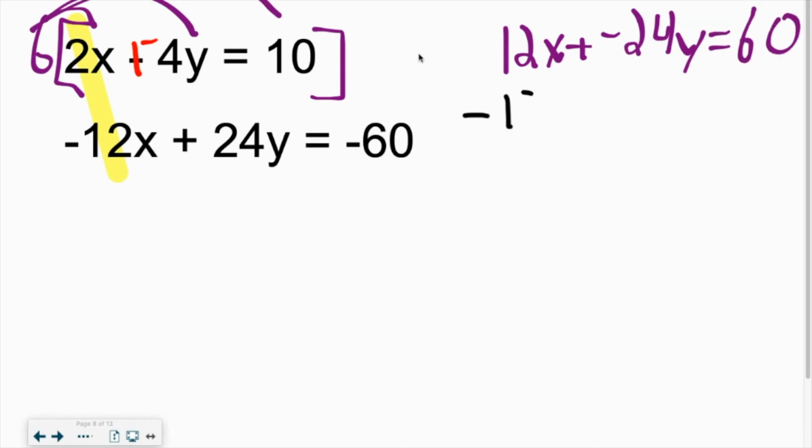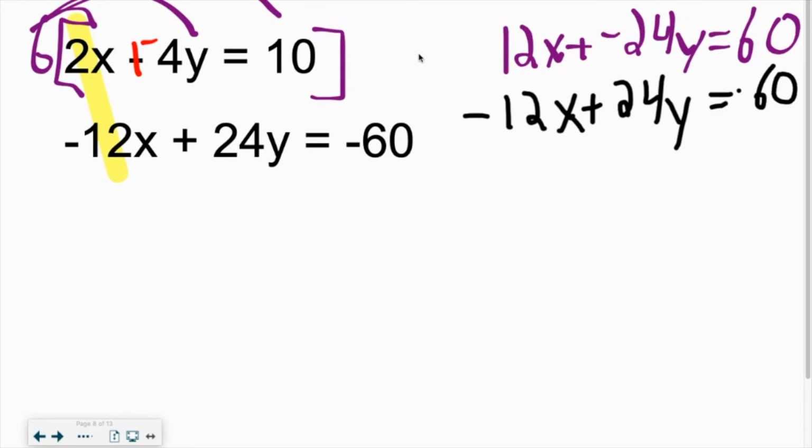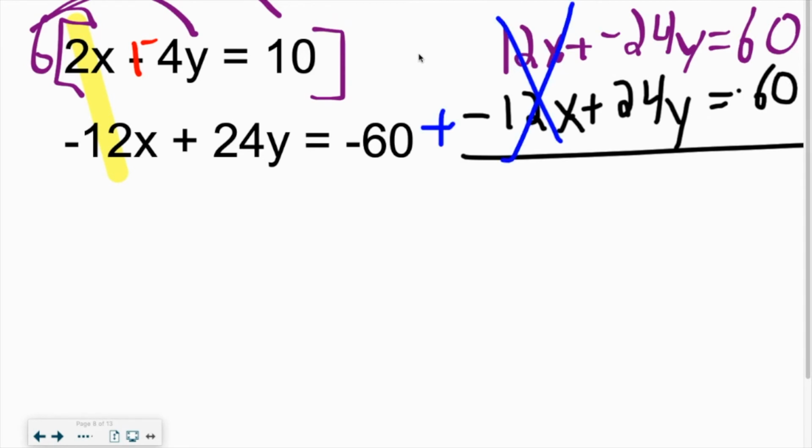Now rewrite that other equation. Be very careful that you copy it correctly. Negative 12x plus 24y equals negative 60. Now it is set up nice, so we can add them together. The x's cancel, all right? That's what I was going for.